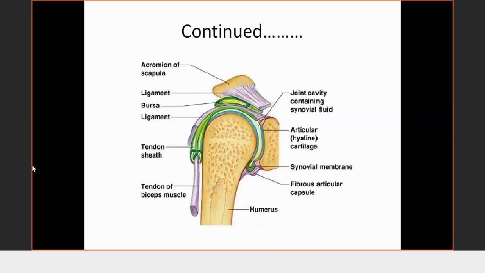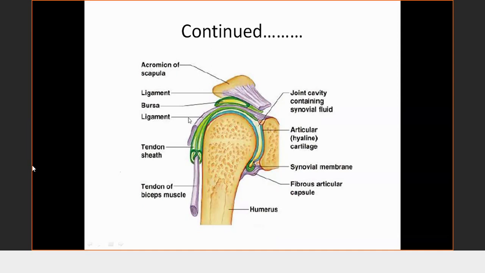Here you can see this is the shoulder joint, a sagittal or coronal section, to show you the different parts of the joint. This is the head of the humerus and the scapula. This is the cavity, and the articulating hyaline cartilage. This is the joint cavity containing the synovial fluid, and these are the ligaments.